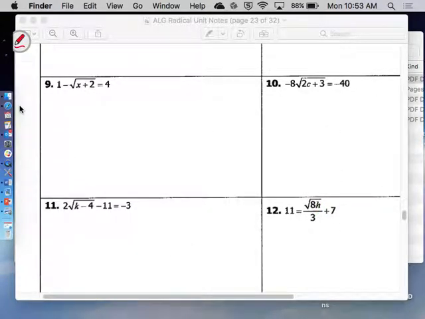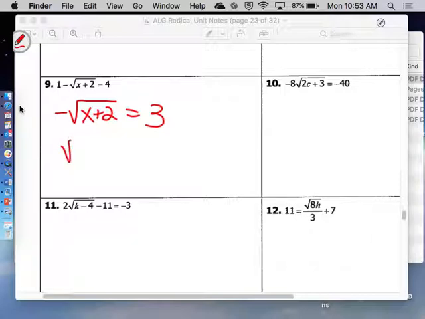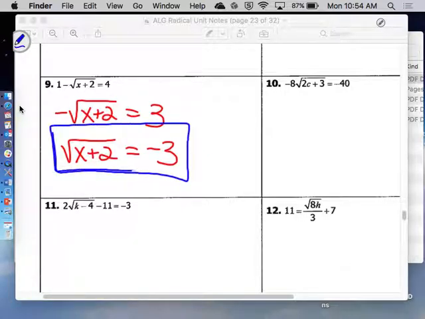Let's do some basic analysis. When I isolate the radical by subtracting 1 first, and then if I divide out the negative sign so that the radical is completely isolated with something positive in front of it, I have this scenario. I have a square root, a radical, with no operation in front of it, and it's equaling something negative.